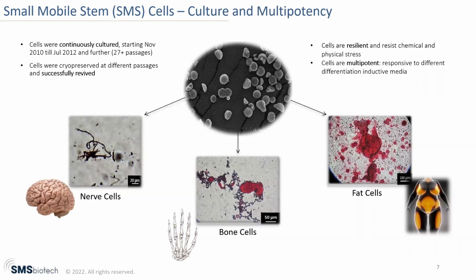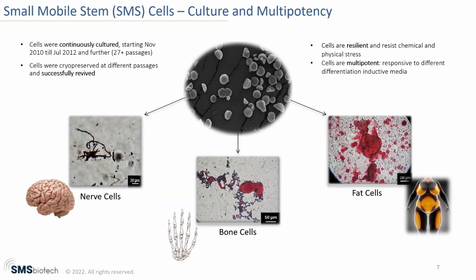Now, small mobile stem cells can be cultured for many passages, meaning producing a lot of these cells, but they can also be differentiated, meaning changed into other forms of cells, such as nerve cells, bone cells, and fat cells.